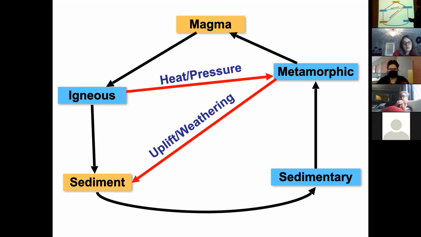Any type of rock can. And along those lines, sedimentary rocks can go right back to being sediment through weathering. Once it's exposed to the atmosphere and the elements, weathering can take place, and you can break it right back down into sediment. So these are the shortcuts.